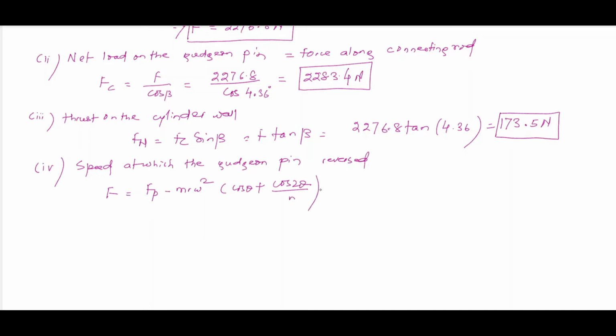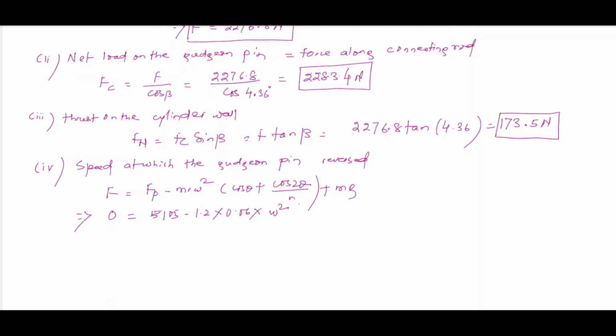N plus mg, or we can say at the point of reversal this F will be 0. So we have 5105 minus this 1.2 into 0.06 into omega square we need to find.